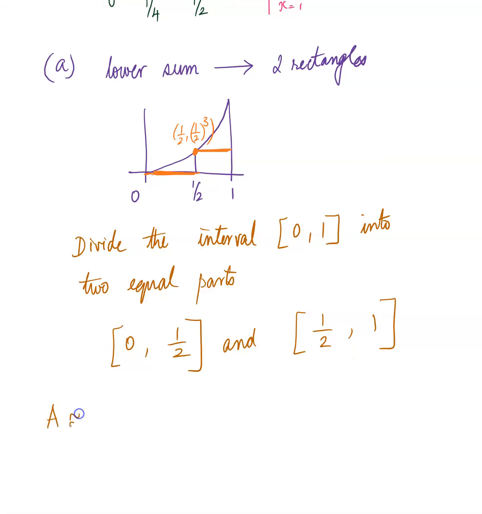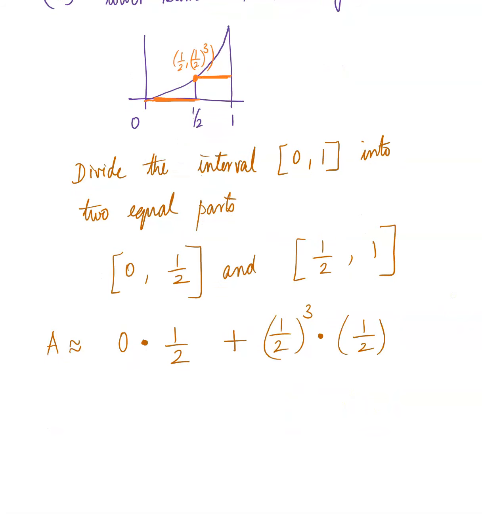Therefore, when you estimate the area, it makes it a whole lot easier for us to understand that the rectangle here has height 0 times the width is half, plus the height for the second rectangle is half cubed, it's always the y coordinate, right, times the width. Let's just write that down here.